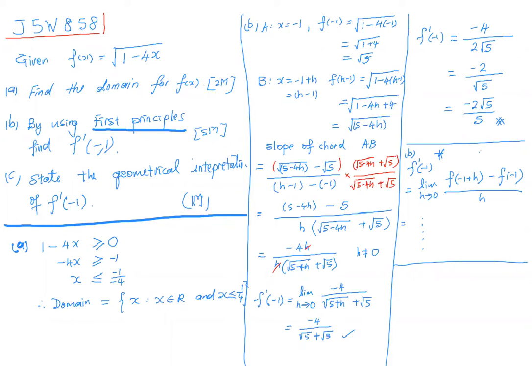Okay, now state the geometrical interpretation. So when I say geometrical interpretation, strictly the answer must be f prime negative 1 is the gradient of tangent to the curve y equal to f(x) at x equal to negative 1.